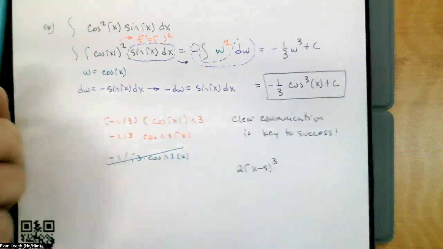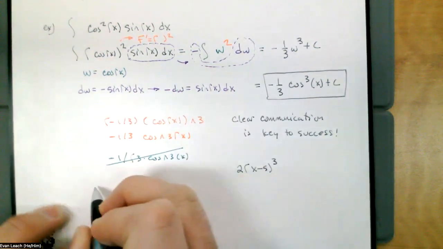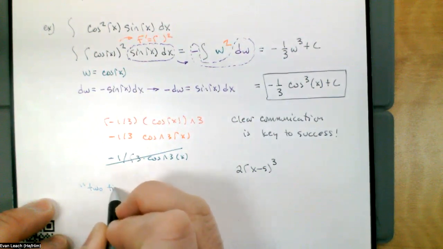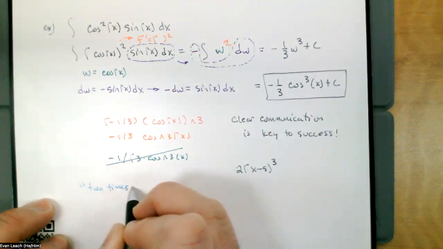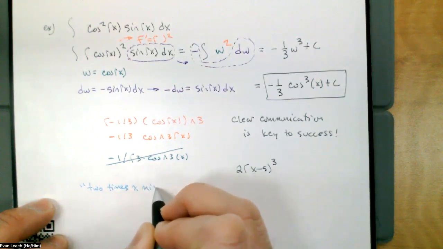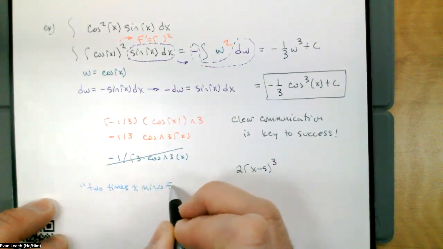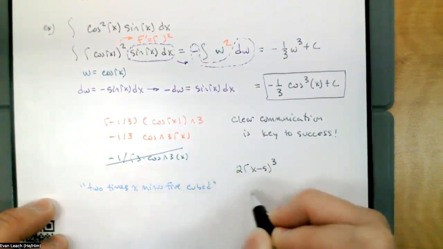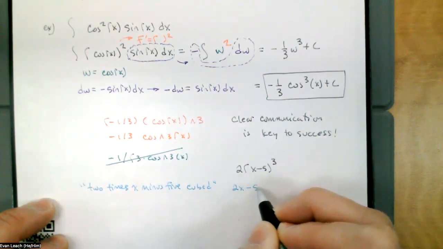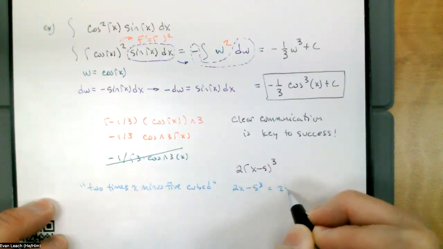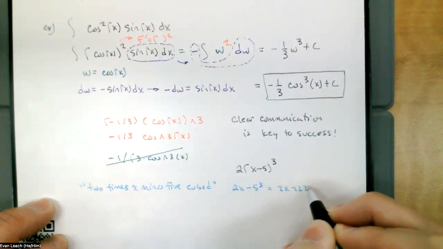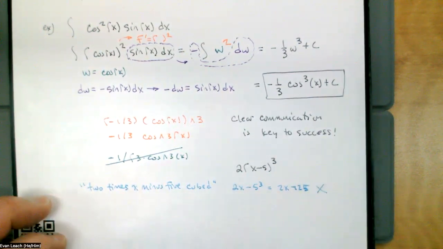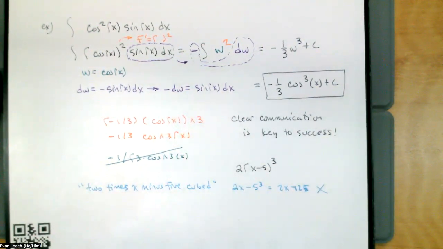If you said, for example, 2 times x minus 5 cubed, no, that's not what I wrote.